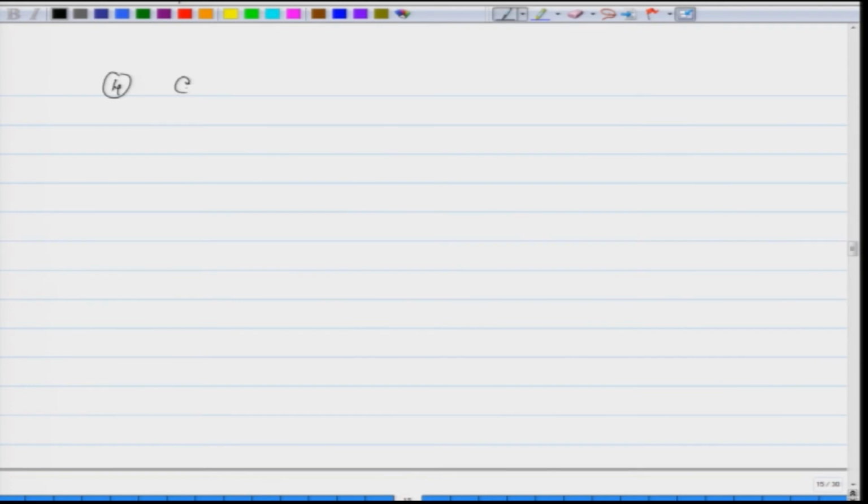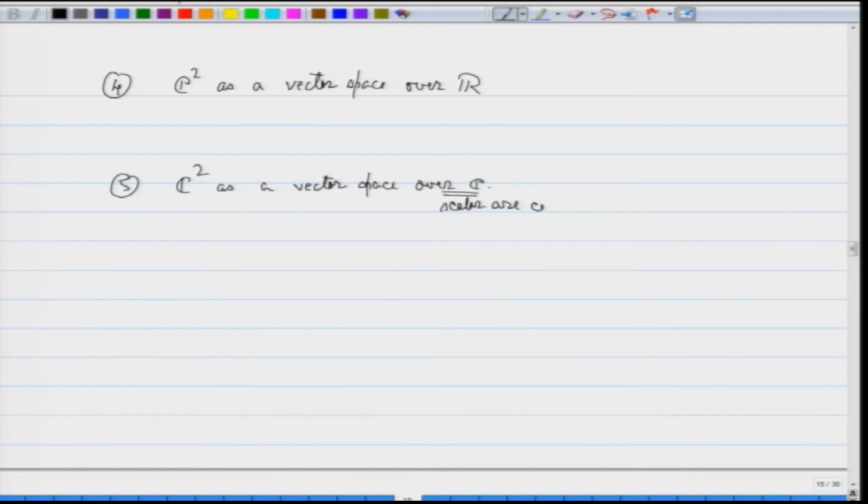So, let us look at C2 as a vector space over R, and C2 as a vector space over C. Over C means scalars are complex numbers; here scalars are only real numbers.